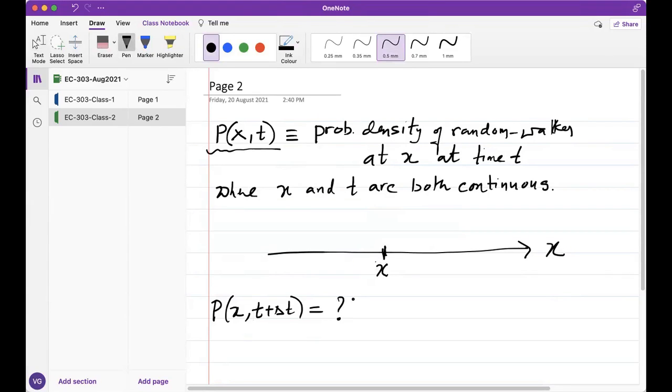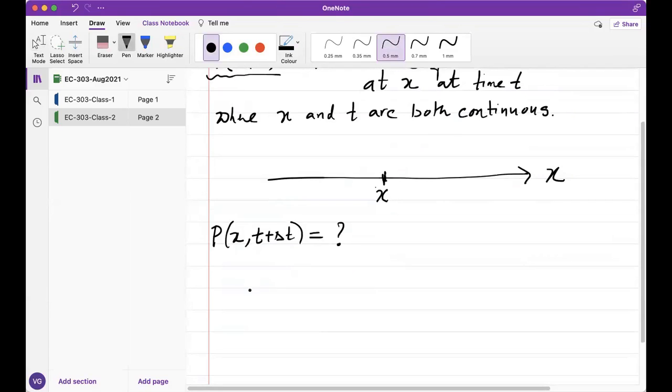Okay. So to understand this, of course, you have a baseline probability. If nothing happens, if the animal is not moving at all, the probability that the animal will be at x at time t plus delta t will be the same as the probability density at x at time t. However, the animal is moving.